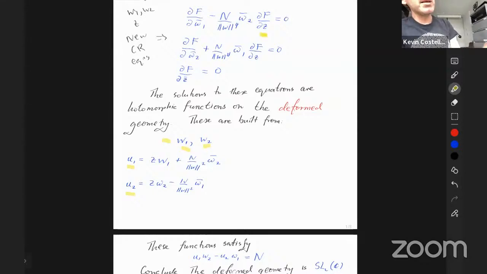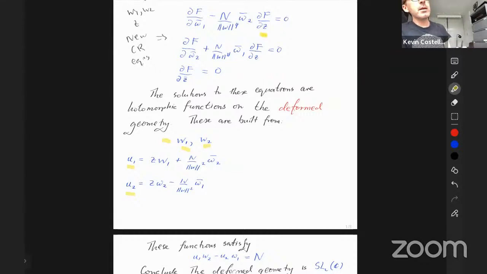u1 is z w1 plus n over the norm of w squared times w bar 2. u2 is something similar. It will take you half a minute to stick u1 and u2 into these equations and check that these equations are solved.